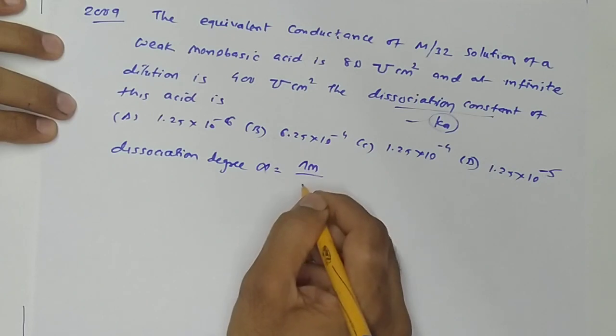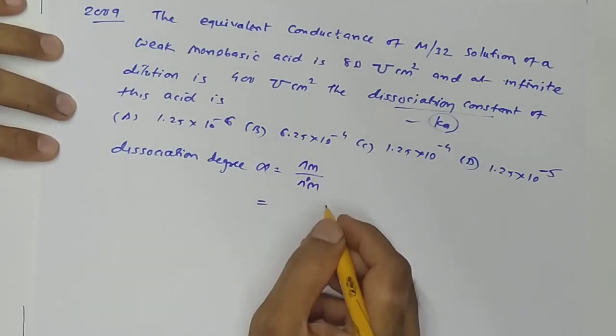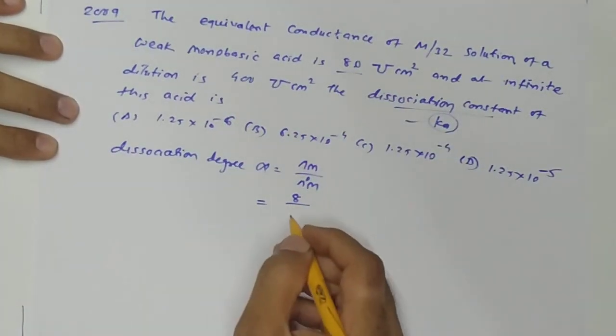We know alpha equals lambda m upon lambda° m. Here lambda m is 8 and lambda° m is 400.